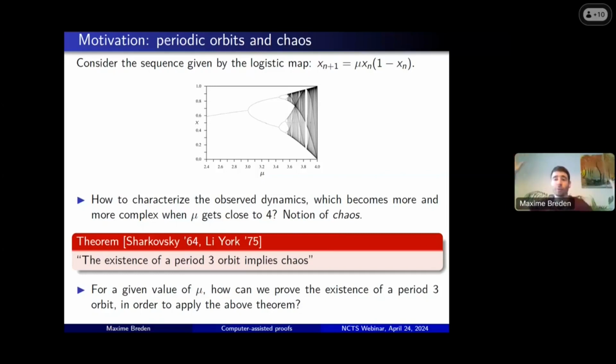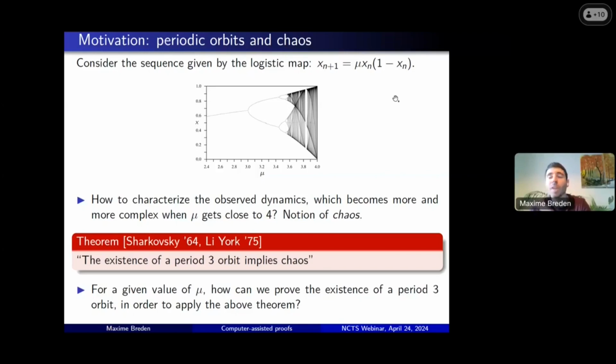You have these very beautiful abstract results that tell you for your ODE or your PDE, if you find one solution with those specific properties, then this and that happen. But then finding the specific solution is really hard. And so in the first part of the talk, I will show you how you can use computer-assisted proof to prove existence of a period 3 orbit for this sequence.